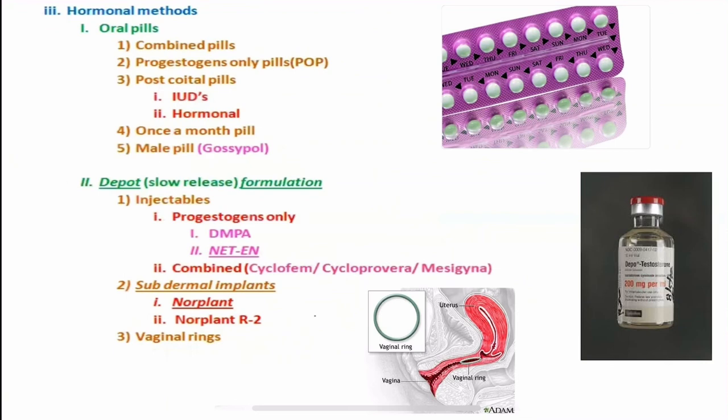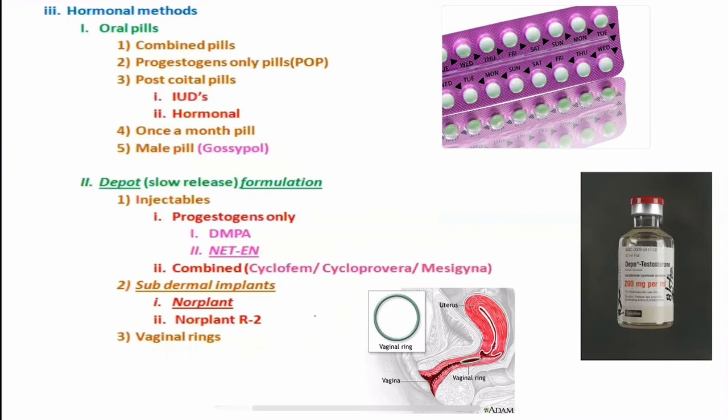Regarding the depot and all of these, we will be dealing in detail. Hormonal contraceptives are the most effective spacing method of contraception. It is 100% effective, guys, and highly recommended by gynecologists all over.